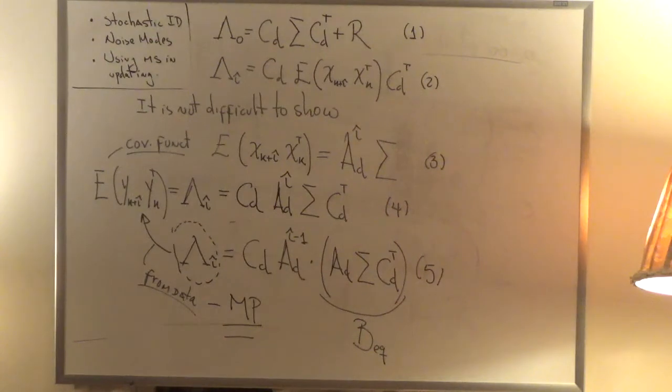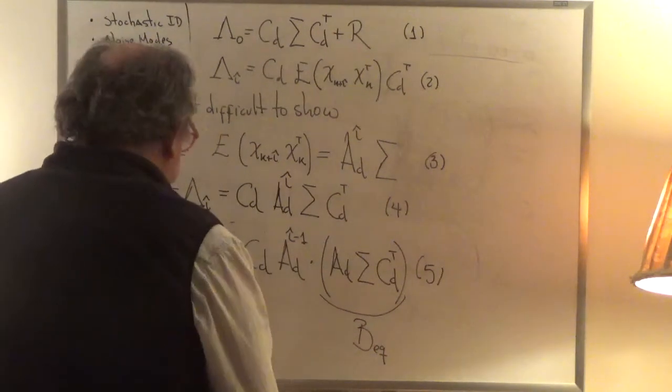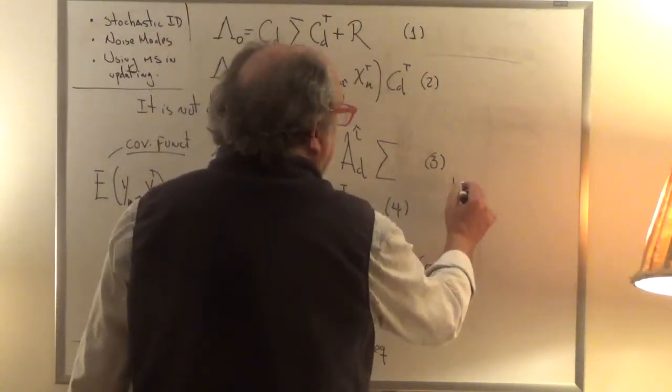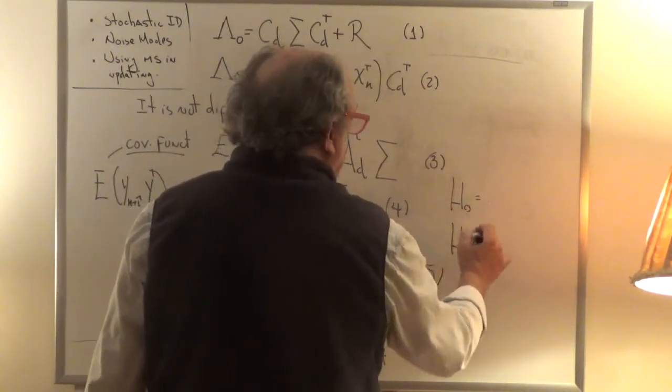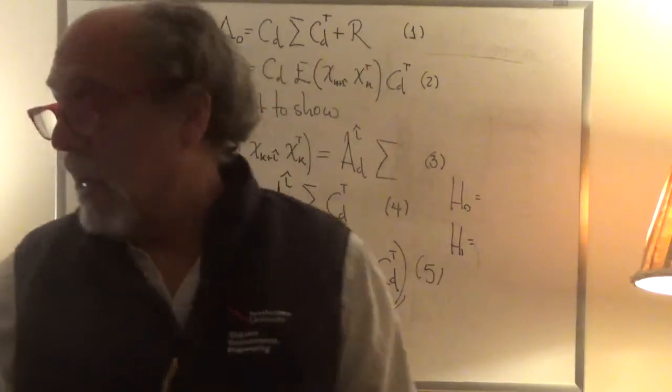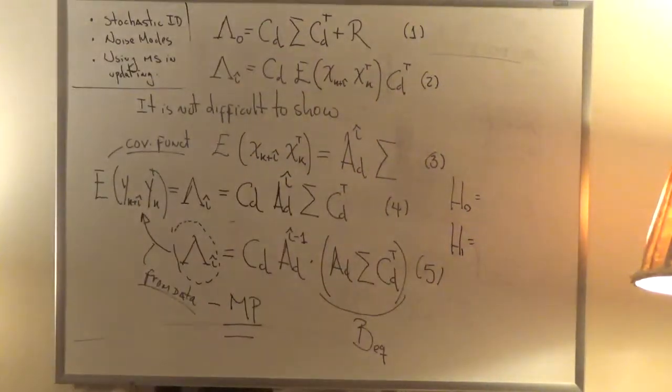When we do system ID, we form our Hankel matrices H0 and H1.